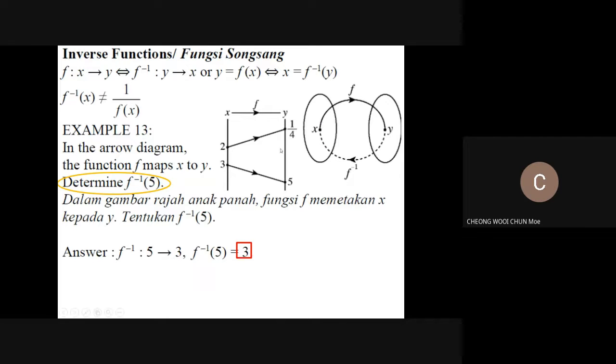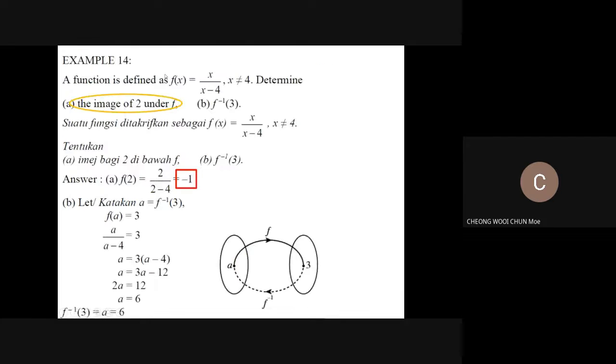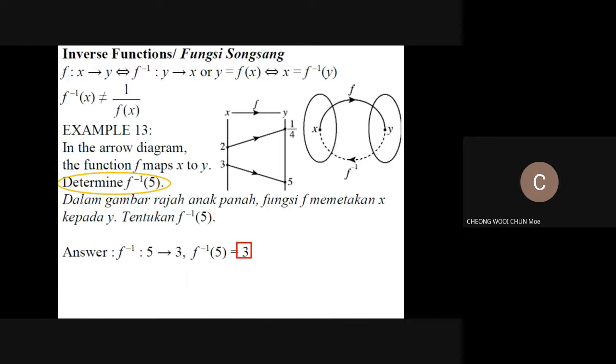Now inverse functions. This one might be a bit confusing, but you must understand the diagram very well. So f(x) equals y. When you inverse the function, it is f to the power negative 1, the inverse function f, where y maps to x.